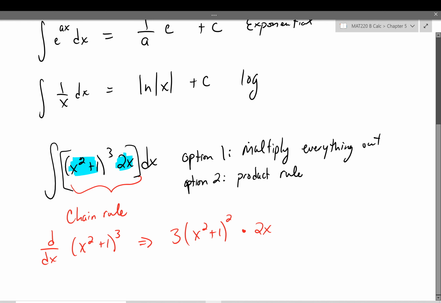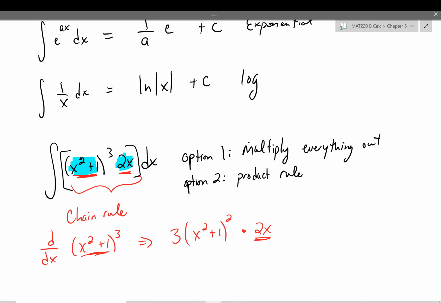What I'm really focused on here is that on the inside of the cubed function, the x squared plus 1, I have the derivative of that outside. When you start to recognize that and you're integrating, you can apply a rule called U-Substitution.